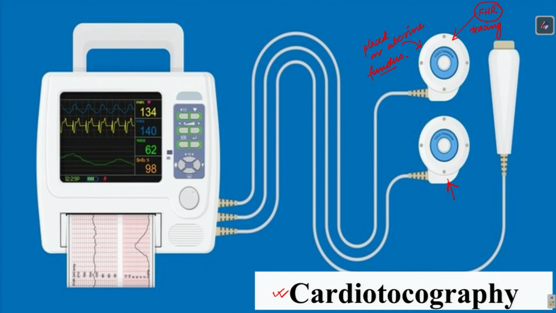The other probe is the toco, meaning uterine pressure, for the uterine pressure tracing. Toco involves the uterine pressure, and cardio means fetal heart rate.